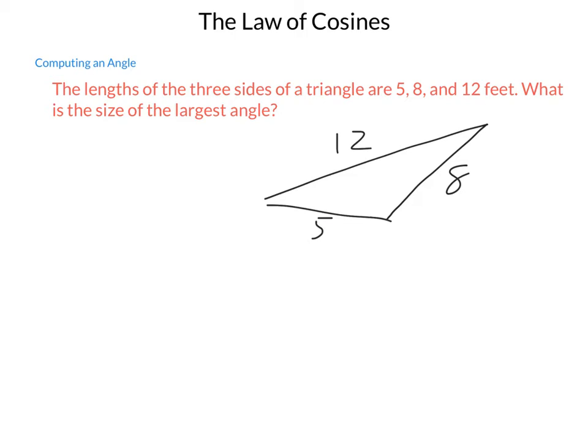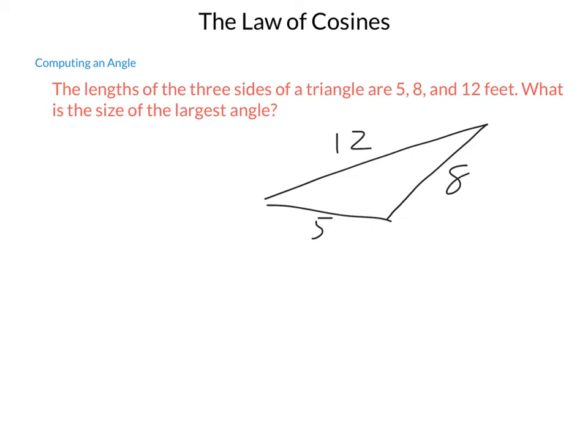So when we are solving for a missing angle using the law of cosines, the angle that we are searching for comes out opposite the side that we know. So from our first form of the theorem, the law, this would be our A, so we could have angle A here.